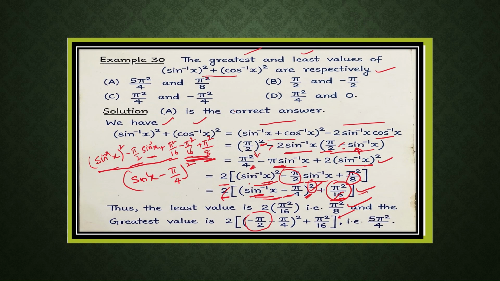Therefore if I simplify, I will get 5 pi square by 4. This is the greatest value of this equation, and pi square by 8 is the minimum value. Okay, this is very important for the KCET and board exam also.